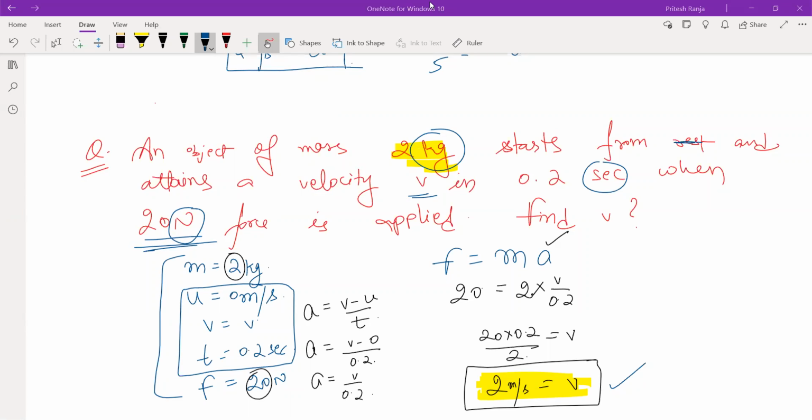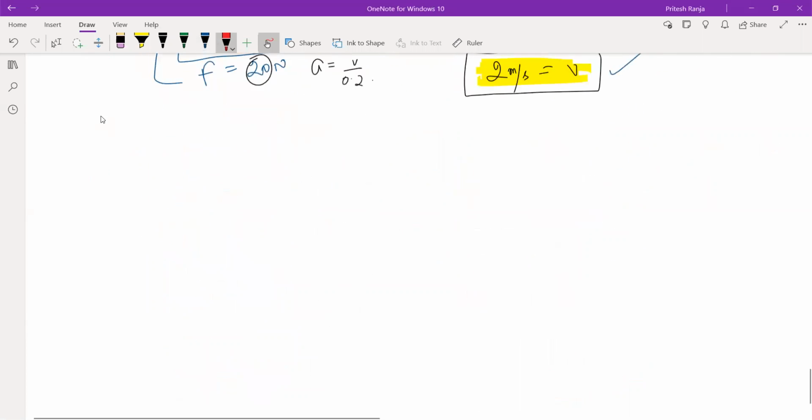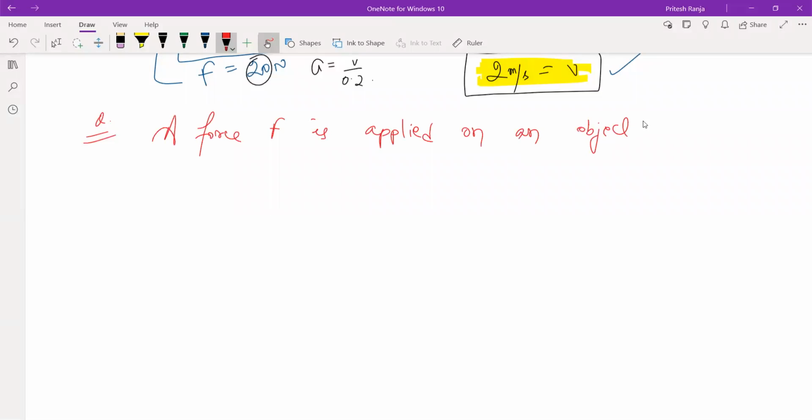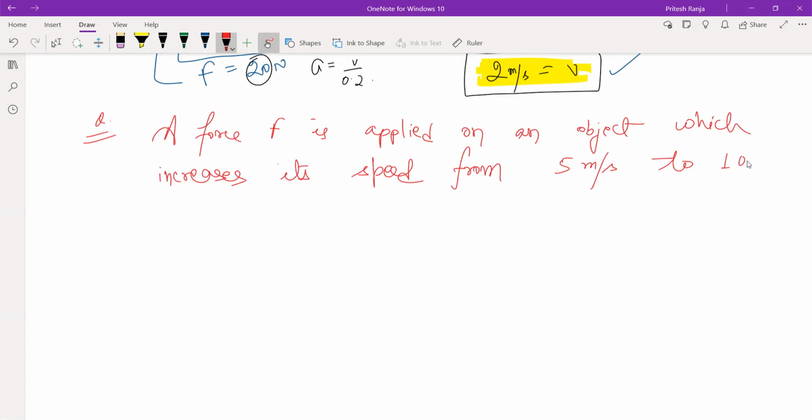Okay, let us do another question then. So a force F is applied on an object which increases its speed from 5 meter per second to 10 meter per second in 2 seconds.